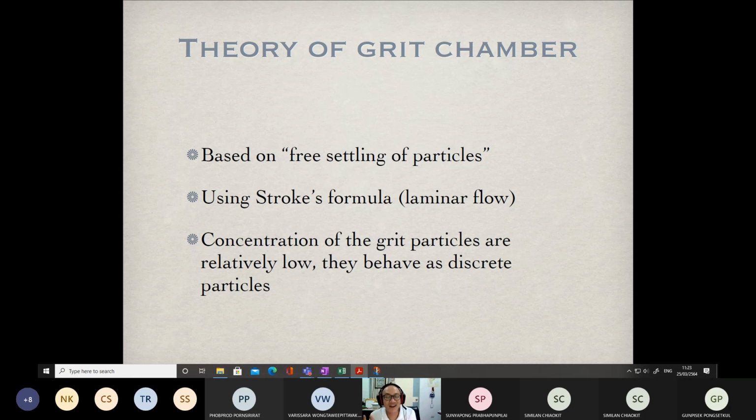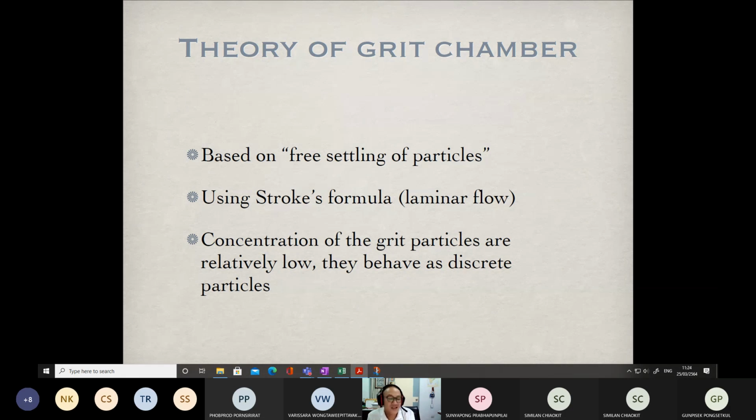S-T-R-O-K-E, not this one. If you are talking about this one, this might refer to a kind of disease, and many Thai people are suffering from stroke. It's a kind of blockage in the blood vessels, especially in the brain.